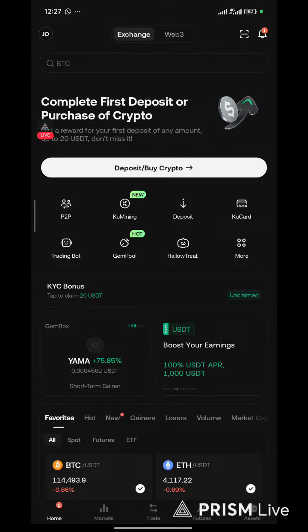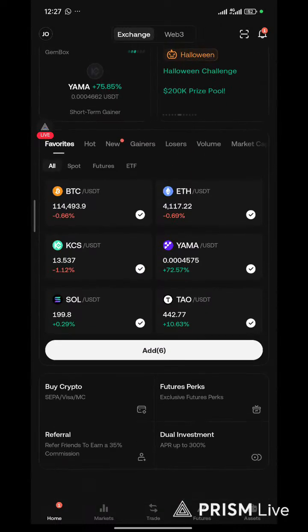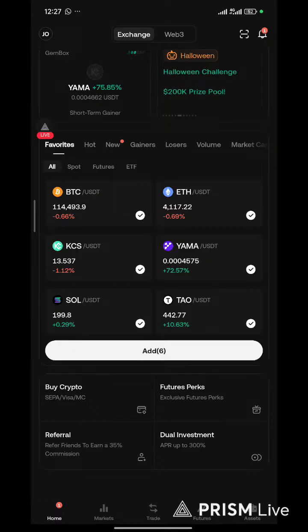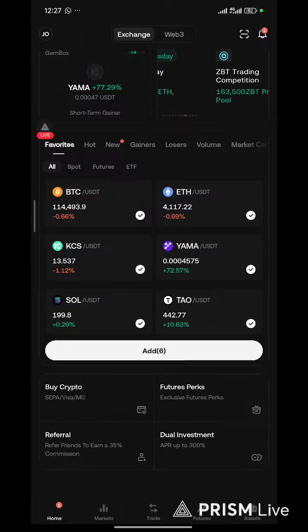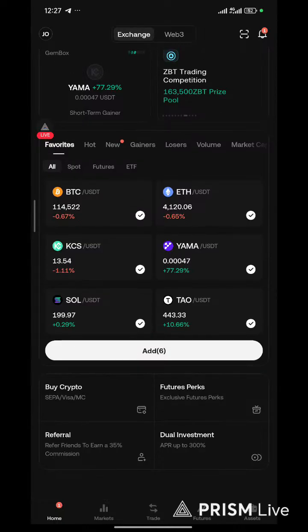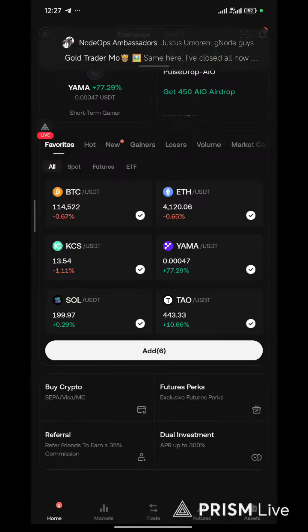You wouldn't even understand what is going on. That is exactly the same thing that happens in crypto trading. If you don't understand the language, which is the candlestick patterns, this will be very, very difficult for you, because these are the building blocks of price action trading, especially when you trade futures.